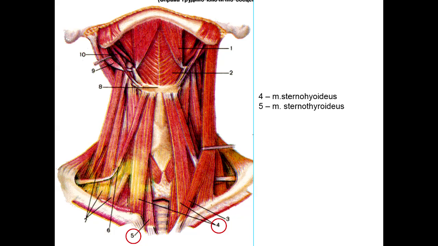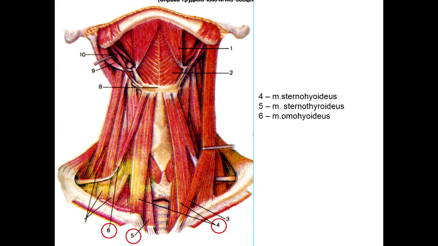Behind it, we can find number 5, musculus sternothyroideus. Here it is. And laterally, number 6 is designated musculus omohyoideus. Here it is. Musculus omohyoideus.